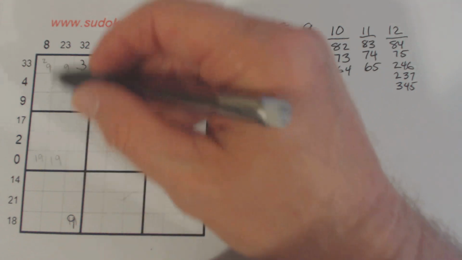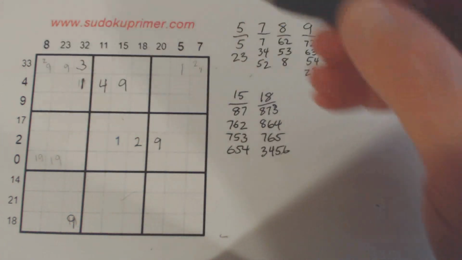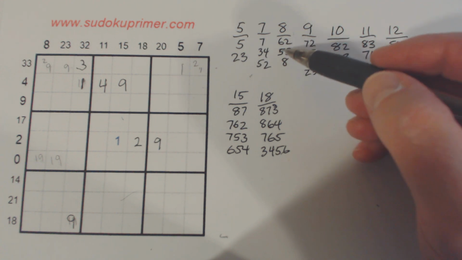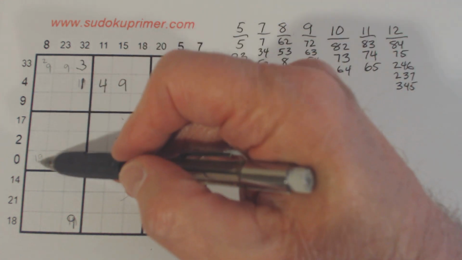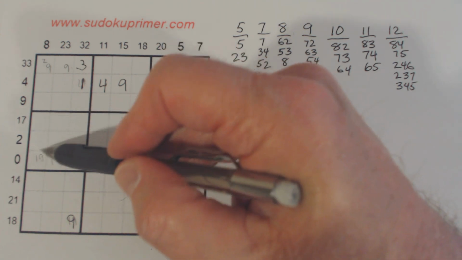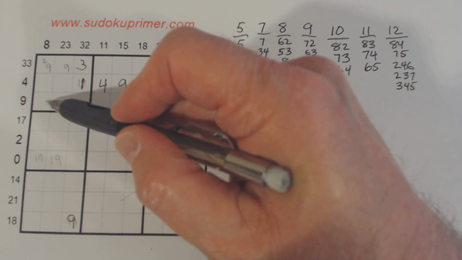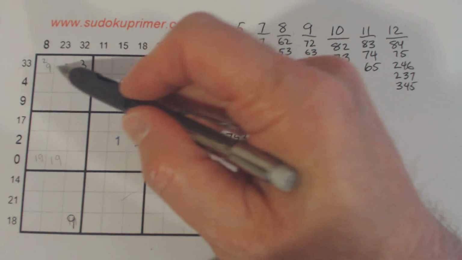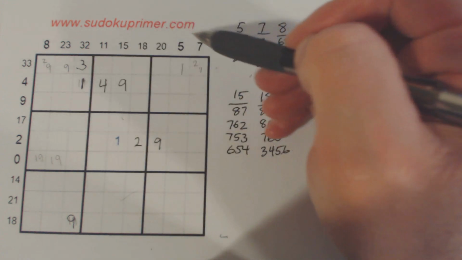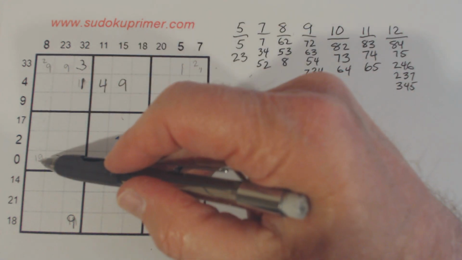But here, let's look and see if we can fill in this 8. What do we need for an 8? We either need an 8 or a 5 3 or 6 2. So if we have a 1 or a 9 here and 2 digits here, then this would have to be a 1 or a 9, which it can't be because we've got a 9 here and a 1 here already. So we can't have 2 digits here, but we could have an 8 here.